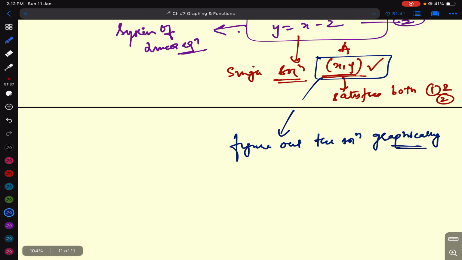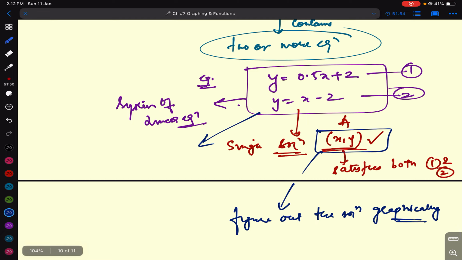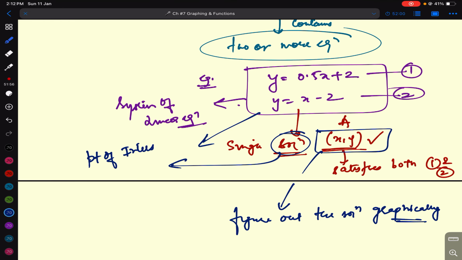Okay, how do we do that? Let's take an example and I'll explain that using the example. Now before moving to the example, this solution will basically be the point of intersection of these two equations. So the solution that I'm talking about is the point of intersection of both the lines, or you can say equations 1 and 2.